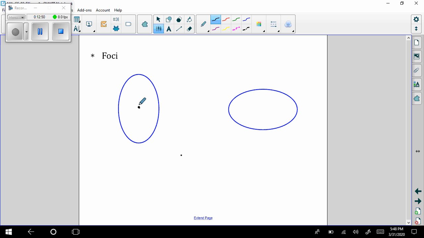So in this case, I have my HK at the center. Remember, I had my vertices here. Okay, so my foci is a point that sits on that major axis just inside those vertices of your major axis.